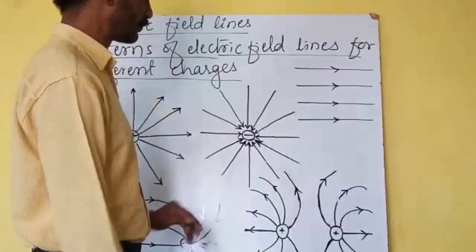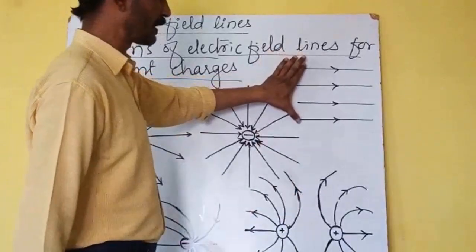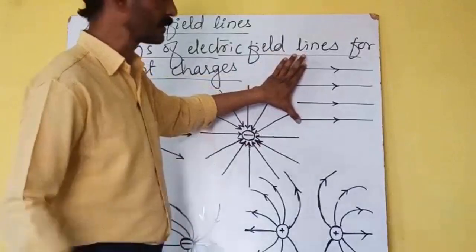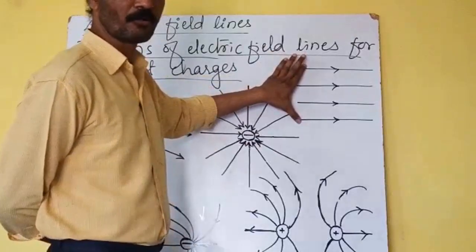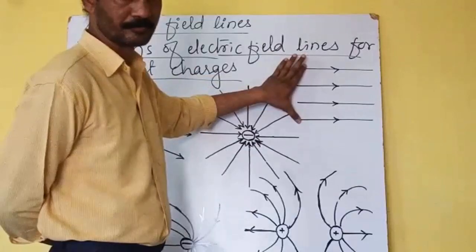This is the pattern of electric field lines in case of a uniform electric field.